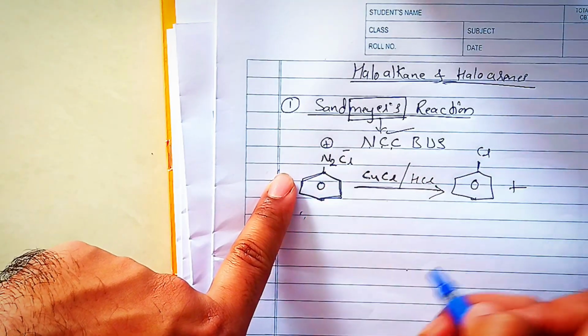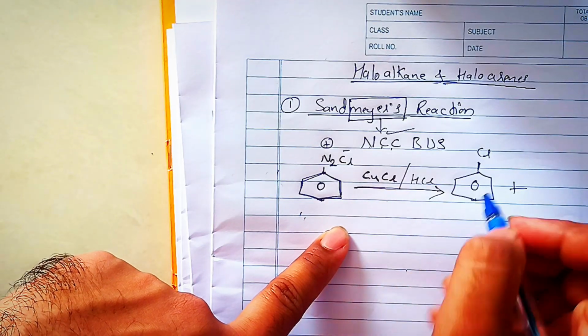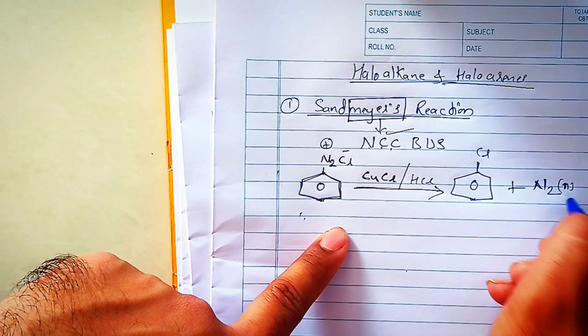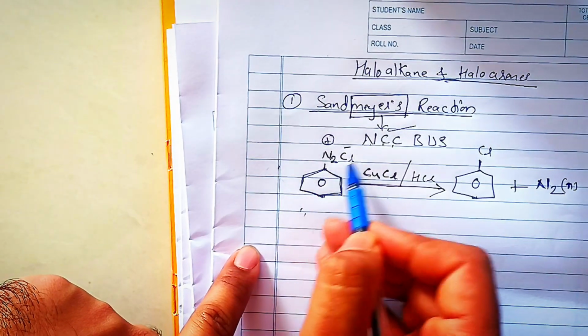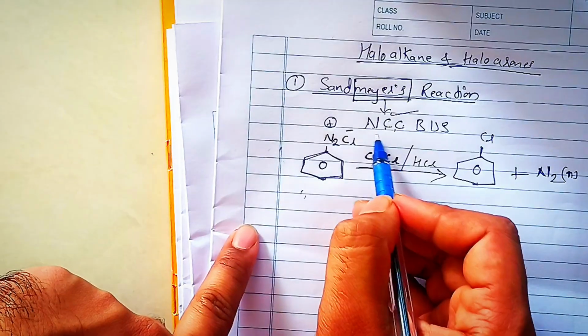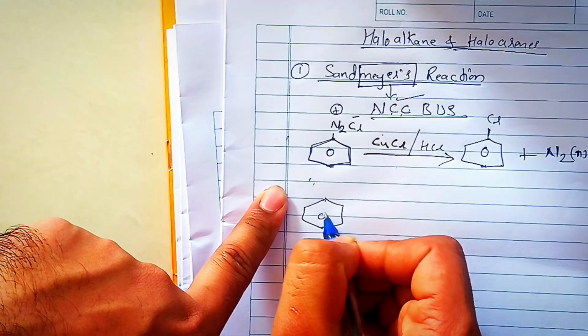This will be Cl, same, right? So again here we will get N2 as the gas. So N will be here, right? NCC.